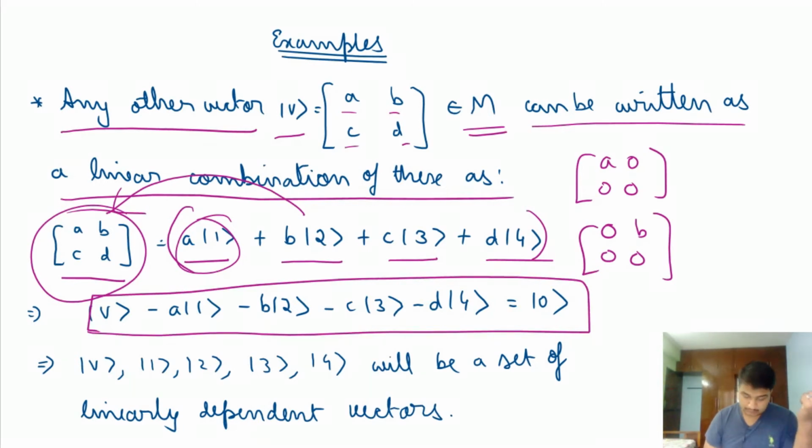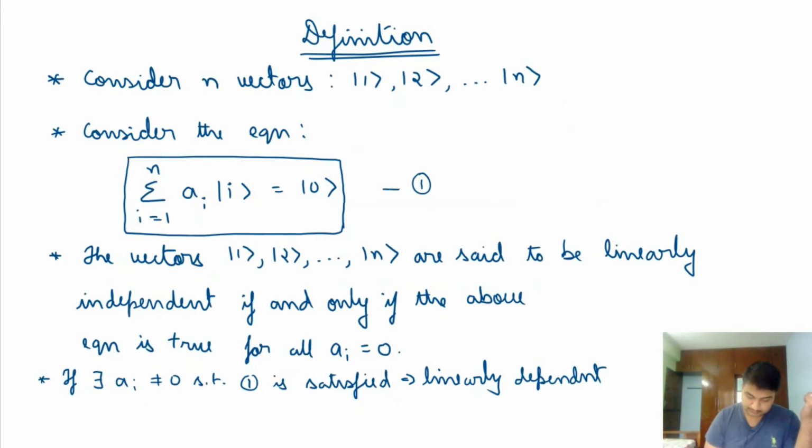But if you compare this equation with the definition for linear independence, so let me go there. So this is the equation. We say that if there exist ai which are not equal to 0 such that this type of equation is satisfied, then this set of vectors is linearly dependent.